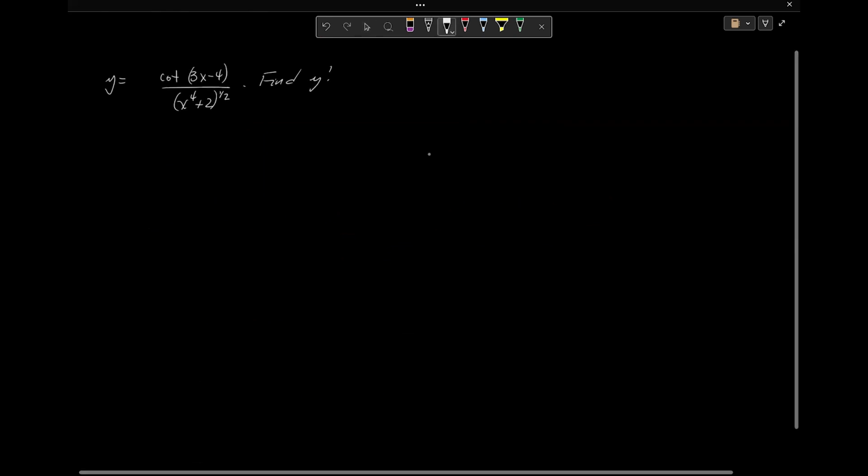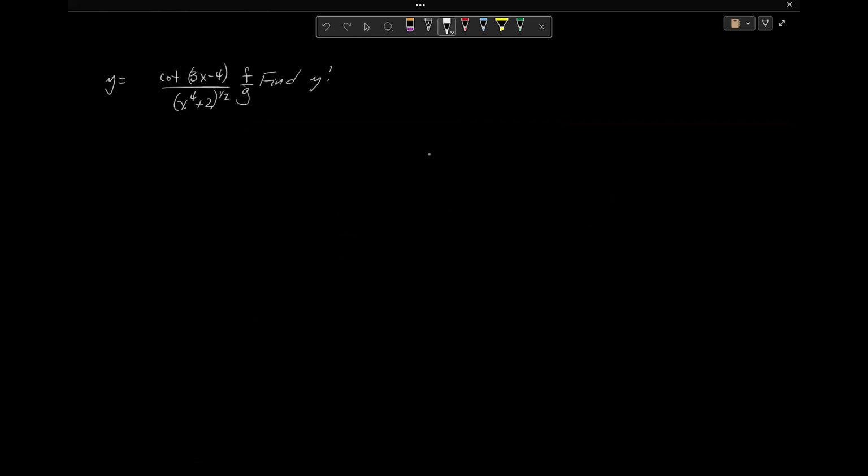All right, this one. And that's f over g. So y prime is f prime g minus g prime f over g squared. F prime, we have cotangent 3x minus 4.